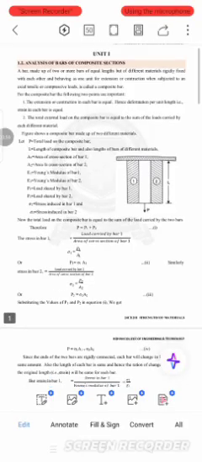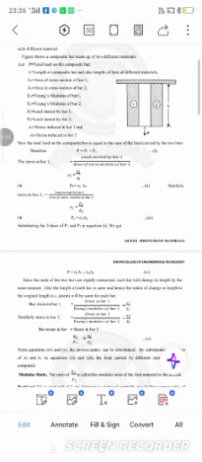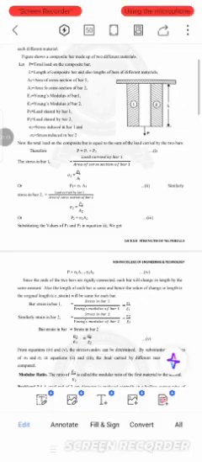Therefore, the stress developed in bar 1 is equal to the load carried by bar 1 divided by the area of cross section 1. Like that, the stress in bar 2. The total applied load P is equal to the sum of the loads applied on each material.